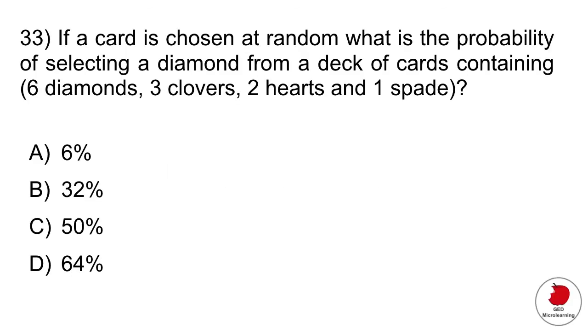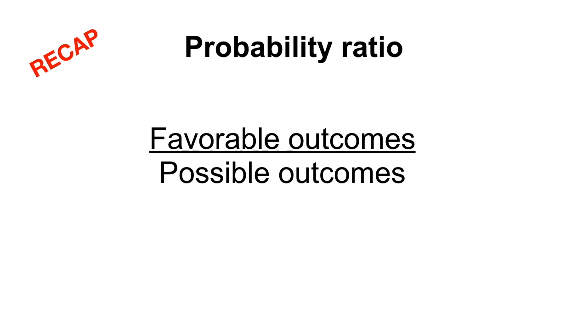All right, so the next question is a probability and statistics question. It says, if a card is chosen at random, what is the probability of selecting a diamond from a deck of cards containing 6 diamonds, 3 clovers, 2 hearts, and 1 spade? Here you have to remember this formula called the probability ratio.